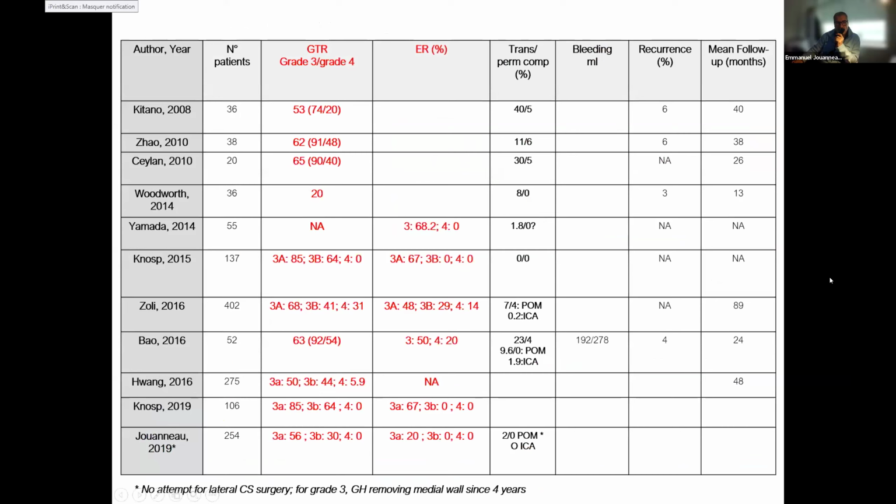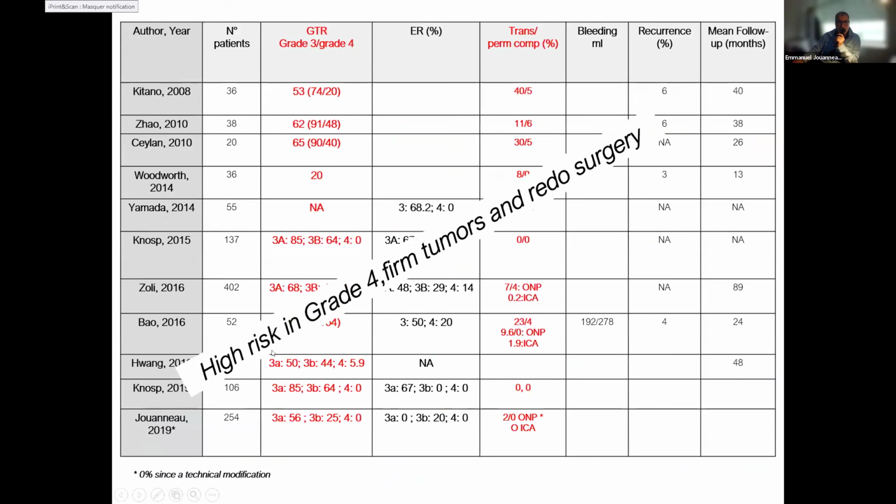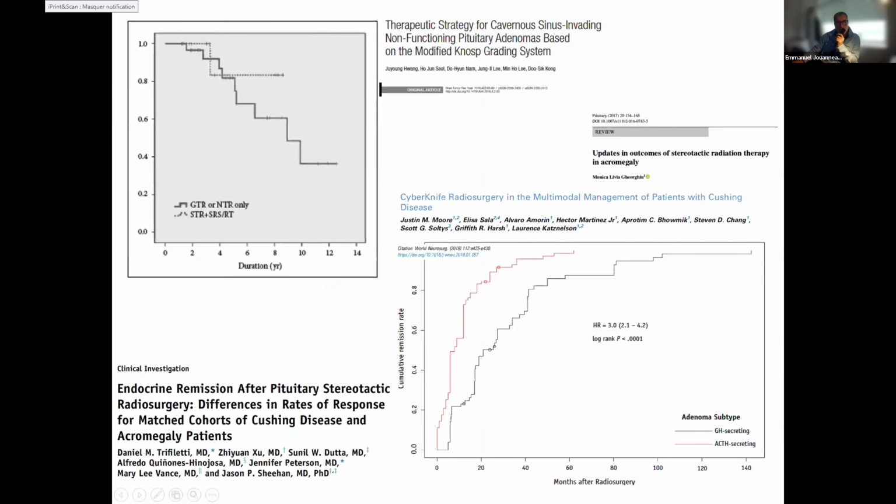And when you look at the series in the literature, when you start doing a lateral approach for PitNETs, you start to have some, very few, but some vascular injuries and oculomotor nerve palsy. So it's very risky in grade 4, in firm tumor and redo surgery.